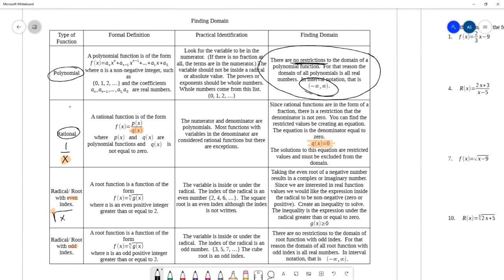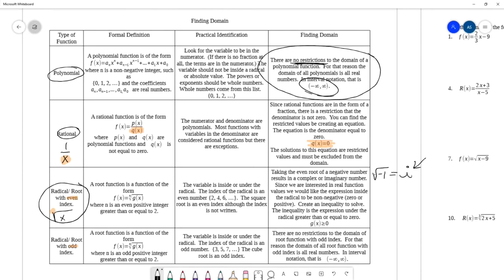Now, when you have a root with an even index, like a square root, you have restrictions. For example, square root of -1 gives you i, the imaginary unit. And we're only looking for when we get real numbers, not imaginary or complex numbers.